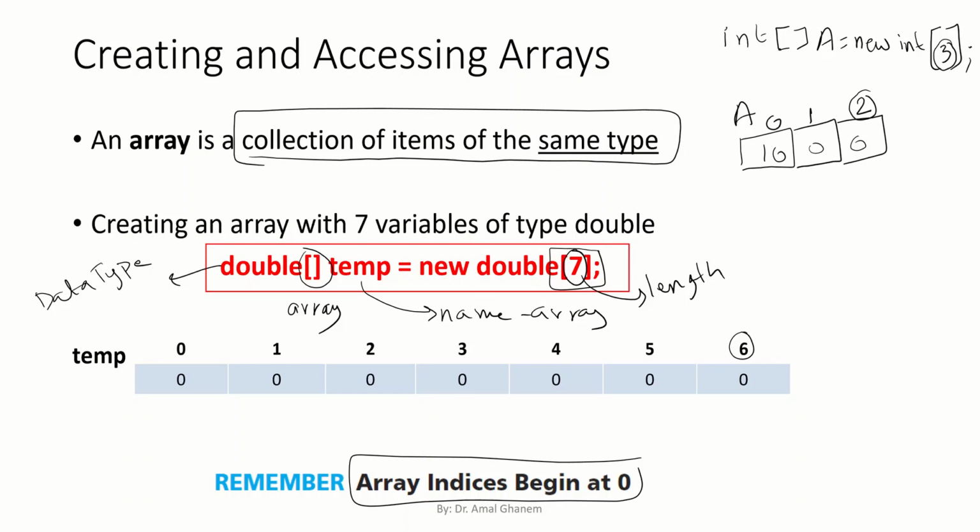I have to say, go to my array, between the brackets I have to mention which index, or what is the location. So if I need this 10 to be saved in location 0, I have to say location 0 equals the value 10. So the meaning of this is I need to save 10 in location 0 of my array.